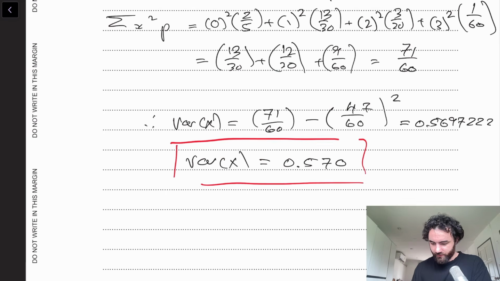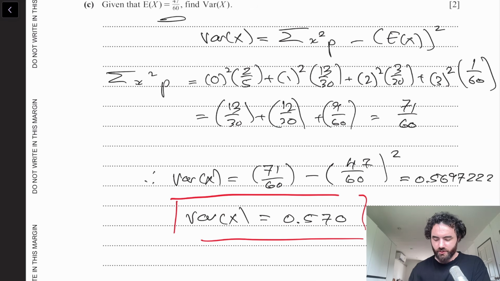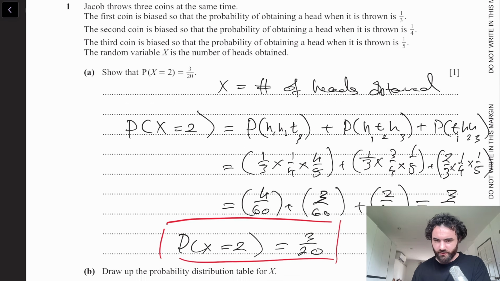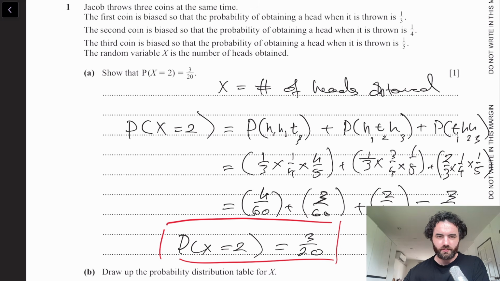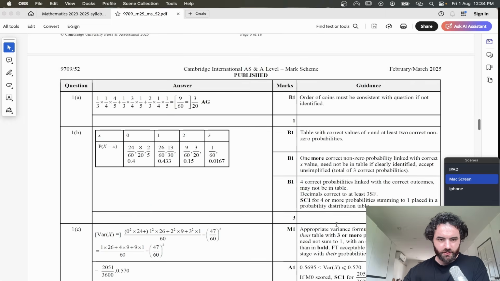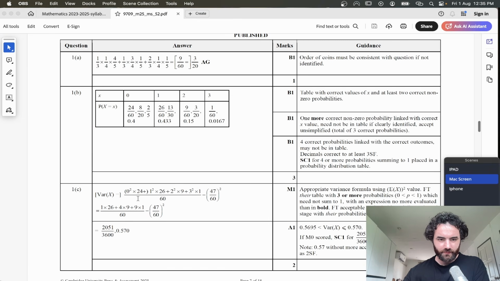Okay, that's the first question done. Okay, so we will check these. So I'll just look on my Mac. I guess I'll show you. Mac screen. Okay. So 3 over 20, yes. 2 over 5.